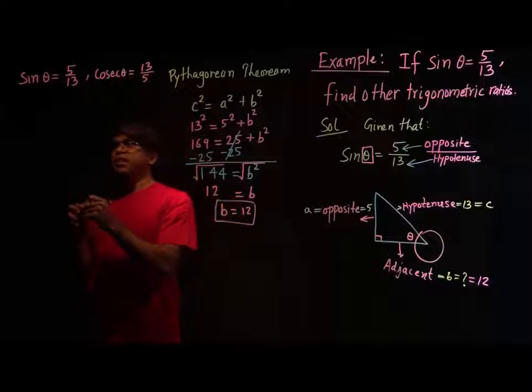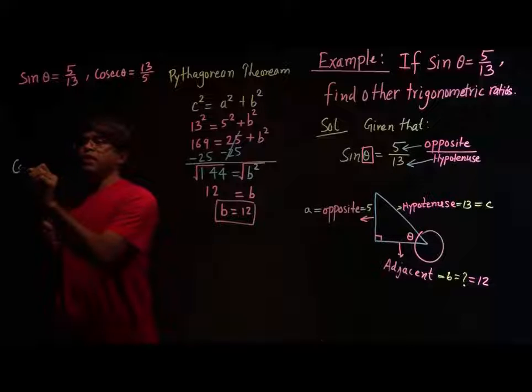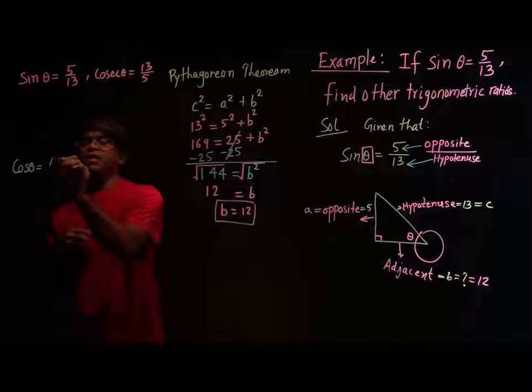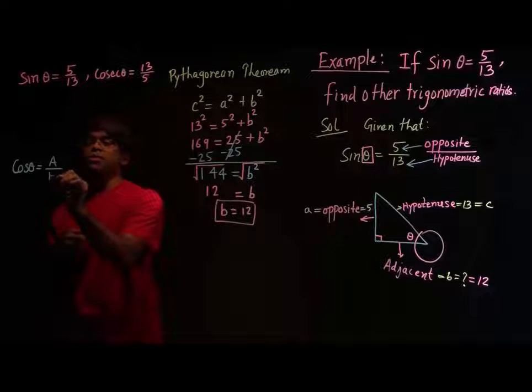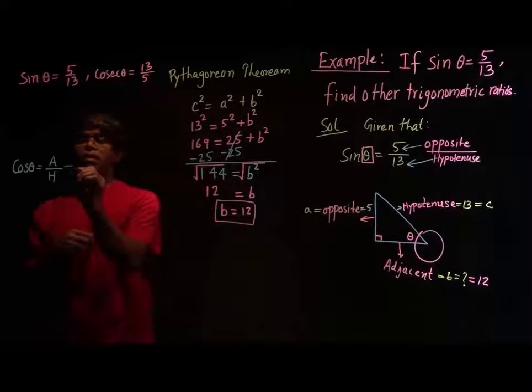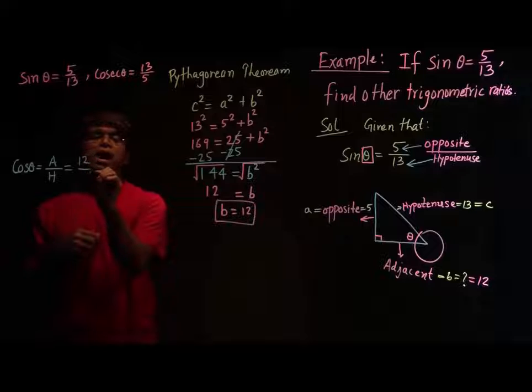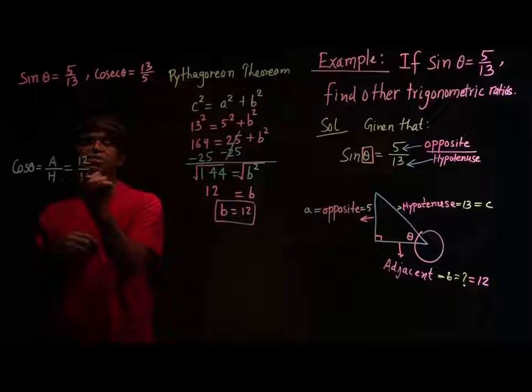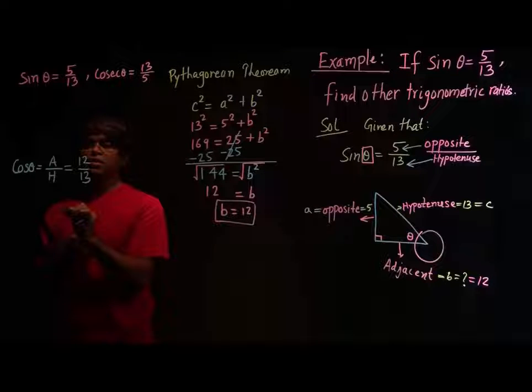The next thing I want to talk about is cosine. If you remember, cosine is adjacent over hypotenuse. My adjacent is 12 and my hypotenuse is 13, so cosine theta is 12/13.